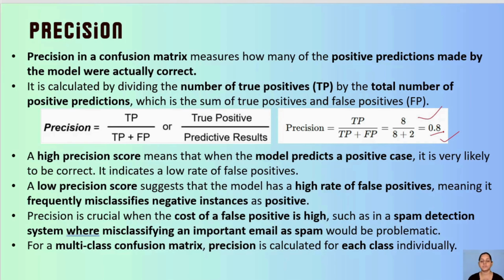Suppose in the case of a spam detection system, misclassifying an important email as spam is very problematic, right? Because suppose you are expecting a job call letter in your email, and the AI predicts it as spam and sends it to the spam folder, and you are waiting for days for the letter.